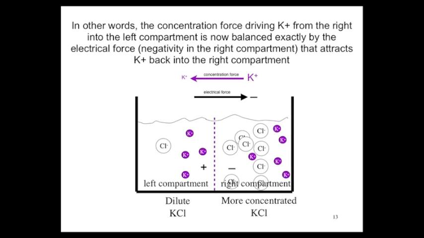In other words, the concentration force driving potassium from the right into the left compartment is now balanced exactly by the electrical force, the negativity in the right compartment, that attracts the potassium back into the right compartment. One out, one in.